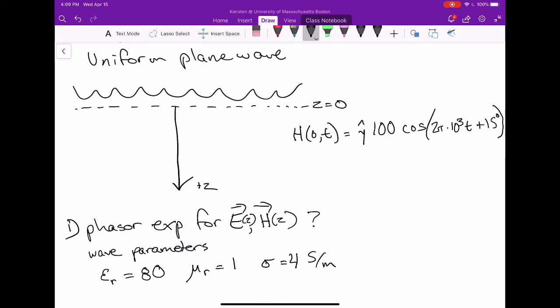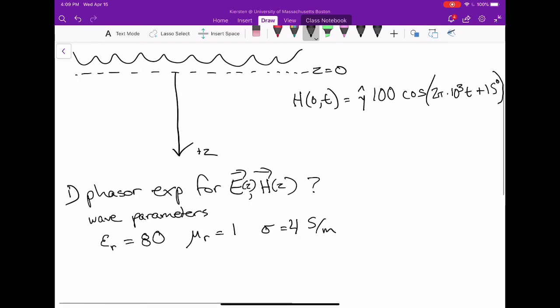So then, the question is: is it a good dielectric? Is it a good conductor?